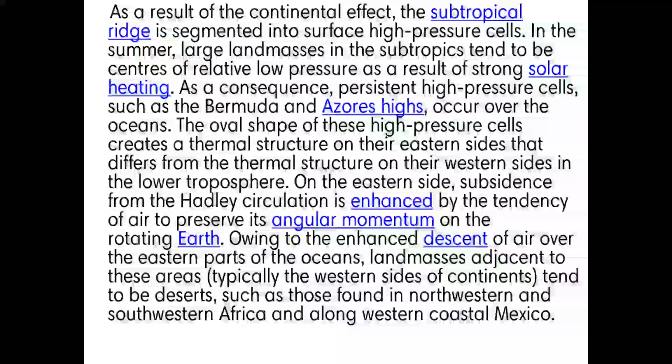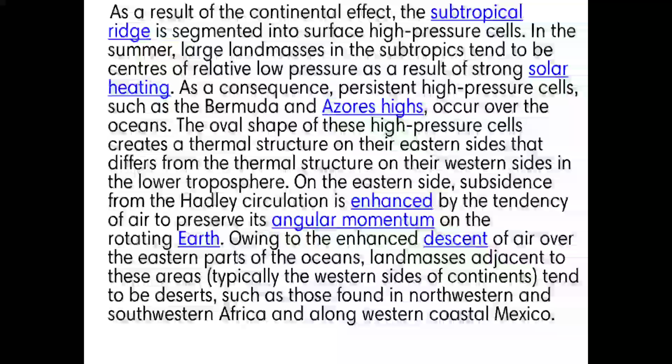As a consequence, persistent high pressure cells such as the Bermuda and the Azores highs occur over the ocean. The oval shape of these high pressure cells creates a thermal structure on their eastern sides that differs from the thermal structure on the western sides in the lower troposphere.